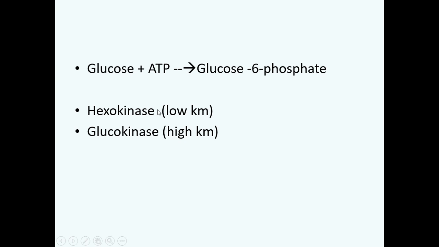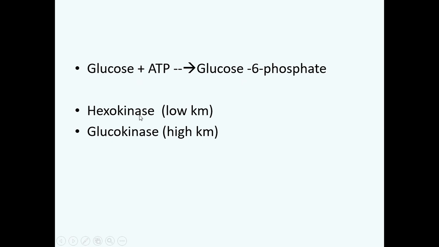rapid rate when the substrate concentration is low. However, glucokinase has a high Km, so when the glucose concentration is low, hexokinase is the main enzyme which is going to catalyze this reaction to convert glucose into glucose 6-phosphate.